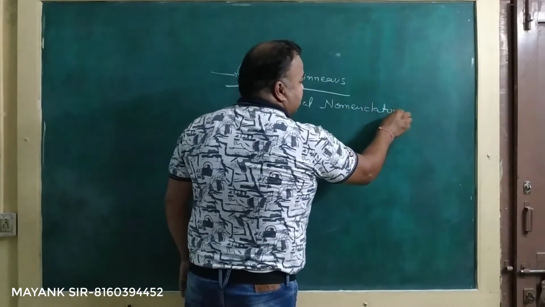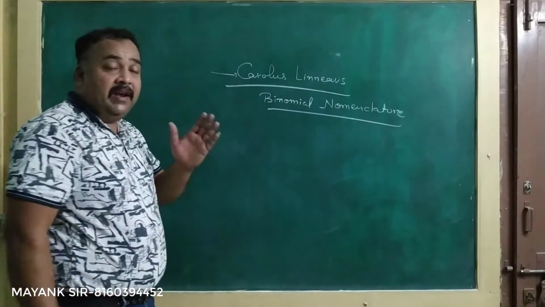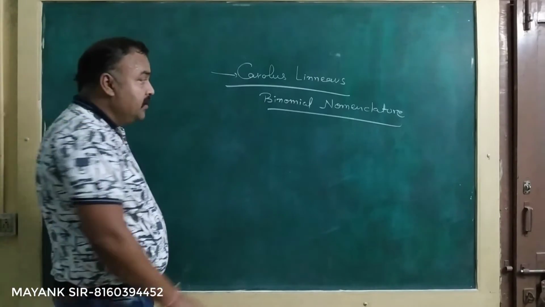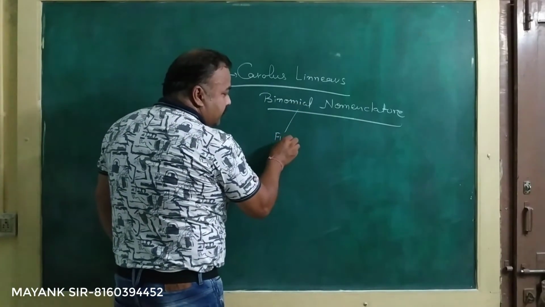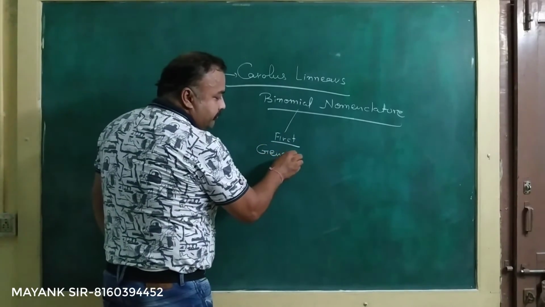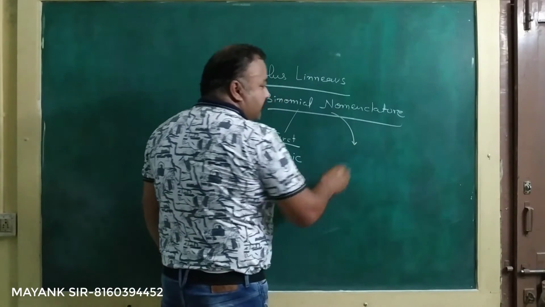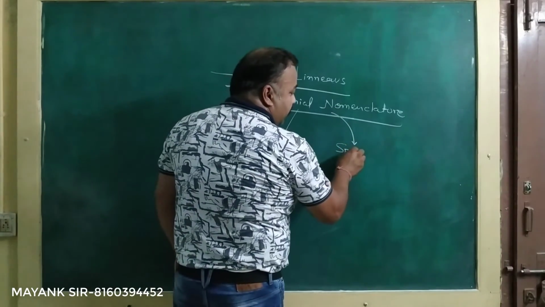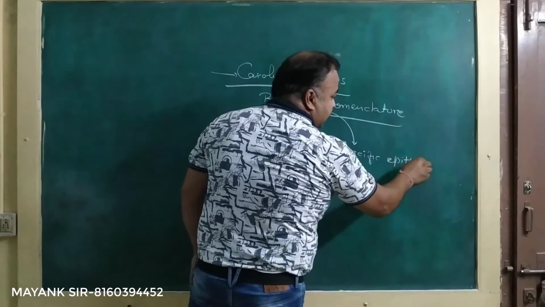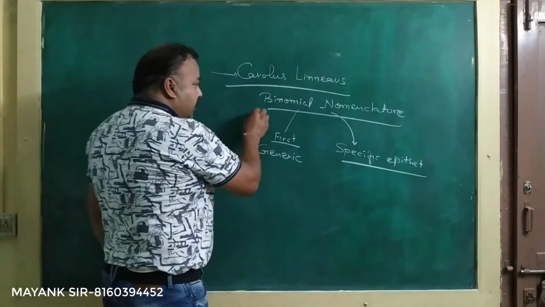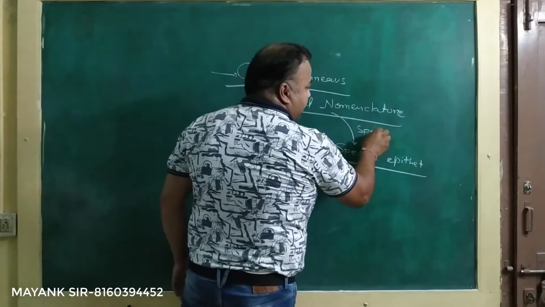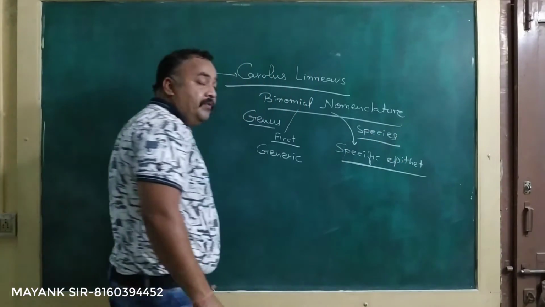And according to the system, every living organism must be provided with two names. The first name of the living organism is the generic name, and the second name is called the specific epithet. So the first name is of the genus of the organism, and the second name comprises the species of the living organism.